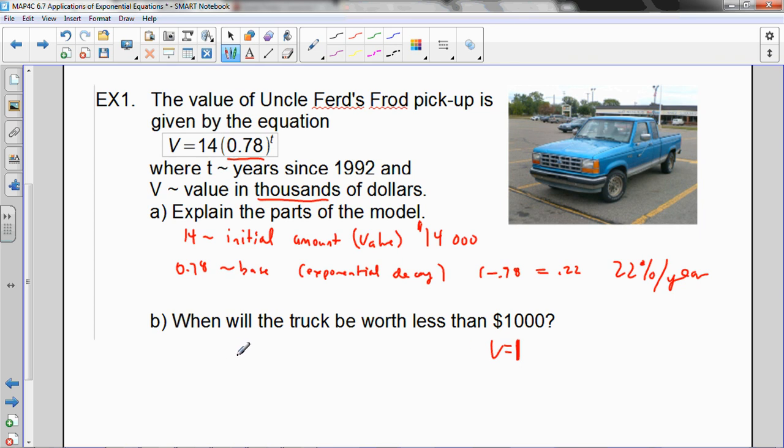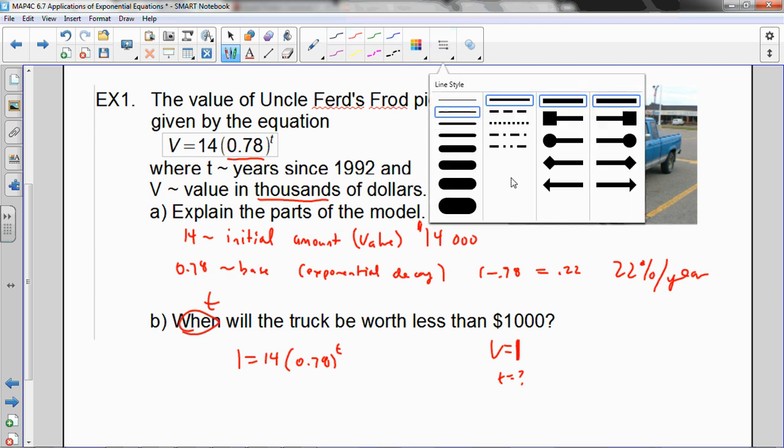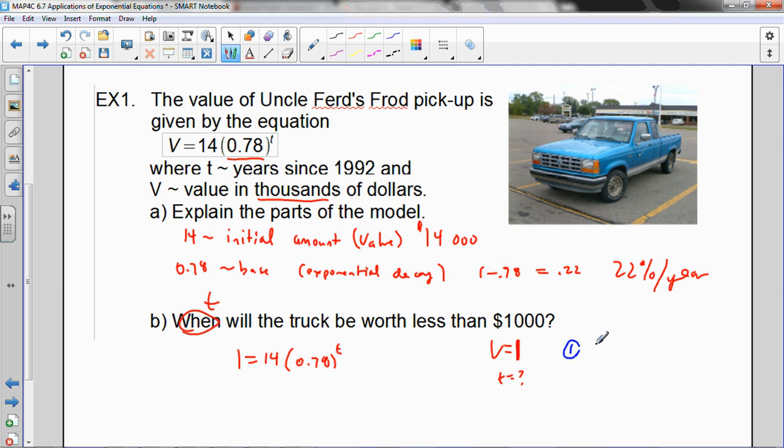So we have to solve this equation. Well, we solved these equations yesterday when the unknown was in the exponent. We want to figure out how many years. That's T. T is what we want to find. And we actually saw 3 different ways yesterday. The first way was guess and check on our scientific calculator.